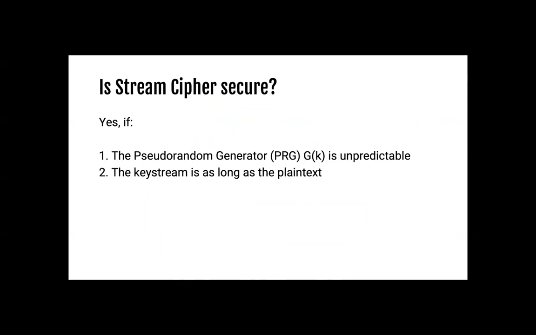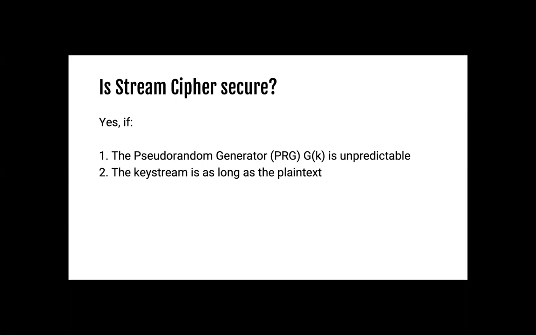Okay, so the question is: is the stream cipher secure? The answer is yes, if the pseudo-random generator GK is unpredictable. Also, if the key string is as long as the plain text. For the second one, which is easier to see, if the key string is not as long as the plain text, then some of the plain text will not be combined with a key string, right?